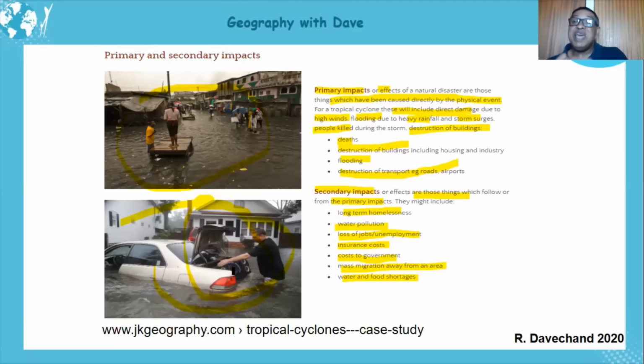We have early warning systems, put in place warning people about what's going to happen, so they can take steps to move away from the area. You can do GIS monitoring. When you're monitoring the geographic information systems via satellite, you're following the path of the cyclone, you're updating the information all the time.